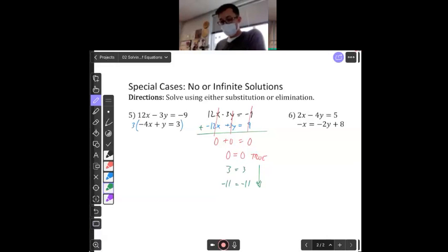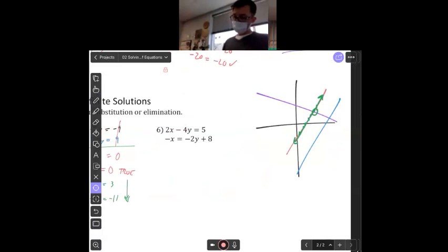So what matters here is that the variables all cancel. We don't have any variables anymore. So x doesn't equal 0, y doesn't equal 0. They're just always true. They canceled out and you end up with this true statement. Well, these two lines here are always touching. And the purple line and the red line only touch sometimes, once, right?